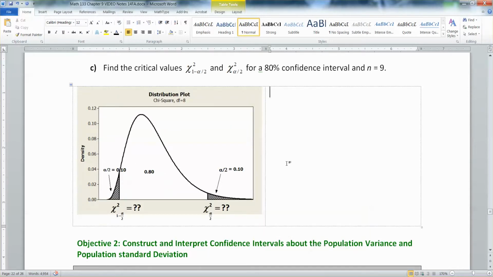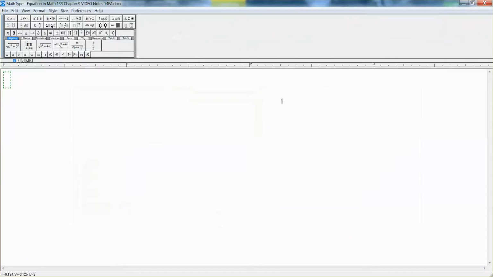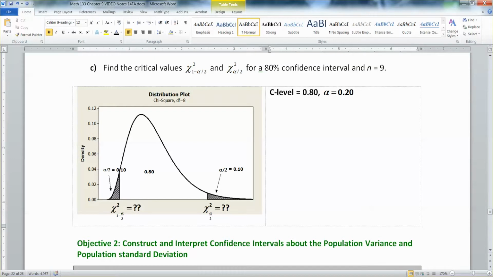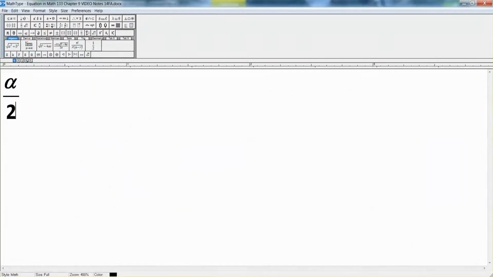Okay, so since my confidence level is 0.80, that means that alpha, which is the complement of that, is 0.20. That makes alpha over 2 equal to 0.10. Okay, and then 1 minus alpha over 2 would be 0.90.